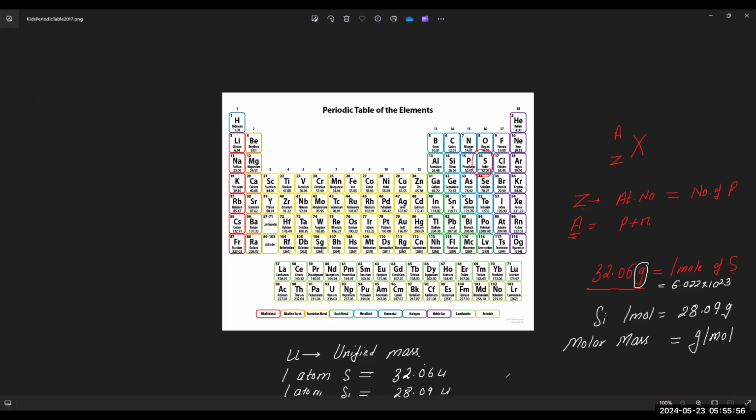Okay, so it means the periodic table is giving you great information. It tells you the atomic masses in grams, which represents the molar mass, grams per mole. That if this many atoms are there, then the mass is this much.